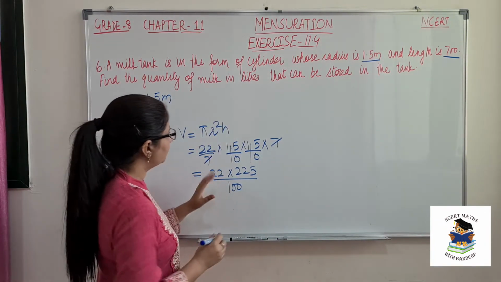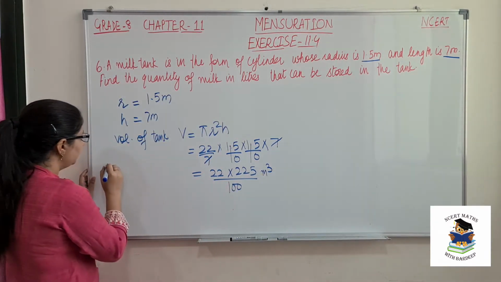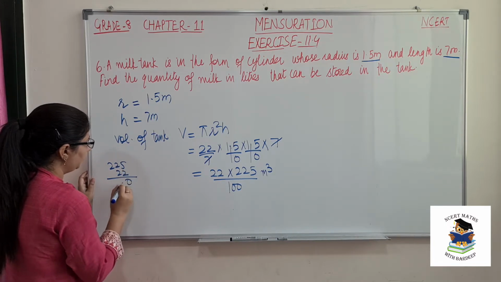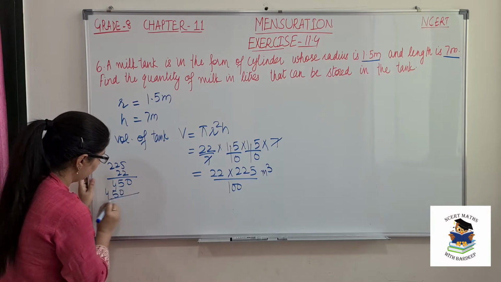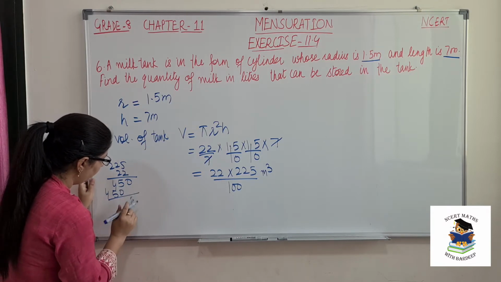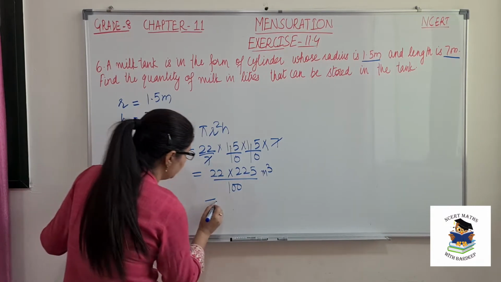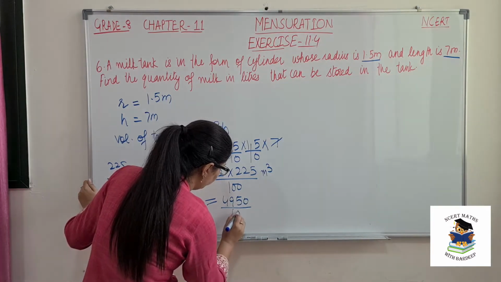Okay. So this much meter cube. So let's calculate this. 225 should be multiplied with 22. 5 2s are 10. 4 and 1 5. This is 450. So 5 0 5 9 4. So this is 4950 over 100.